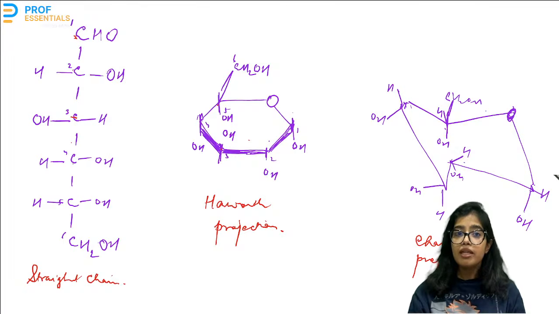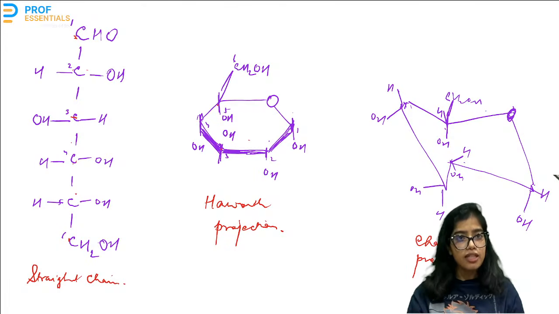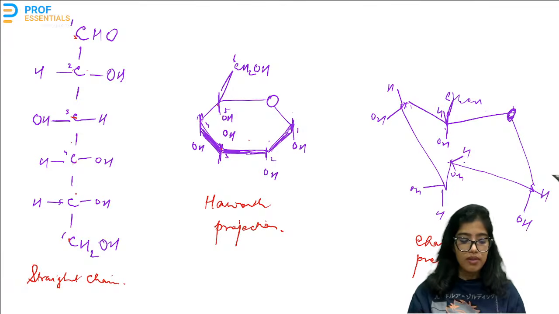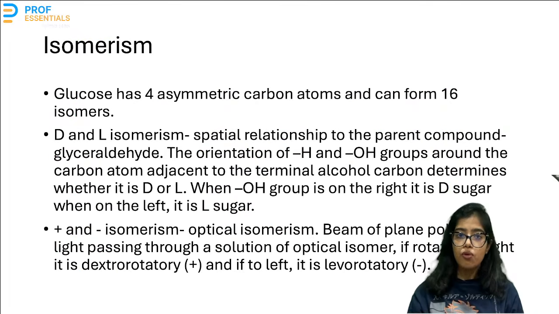Any of these can be an asymmetric carbon atom, and this is one asymmetric carbon atom. Asymmetric means different from the other. So out of the 6 carbon atoms of glucose, it has 4 asymmetric carbon atoms that are different from each other. Therefore, it can form almost 16 isomers.